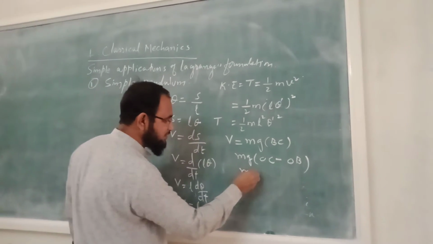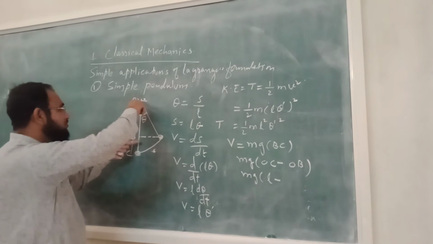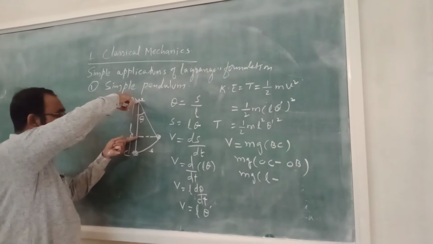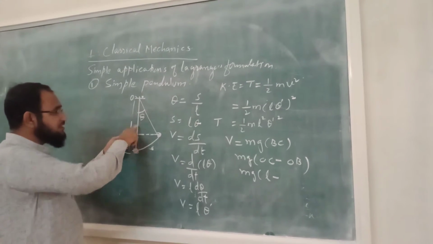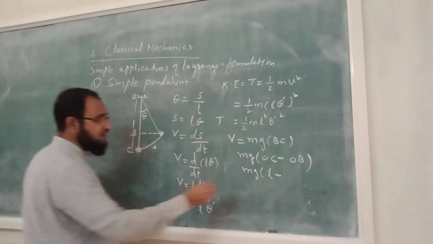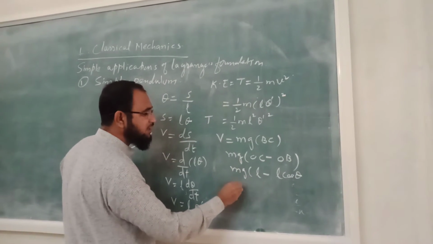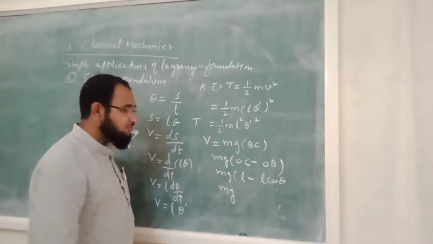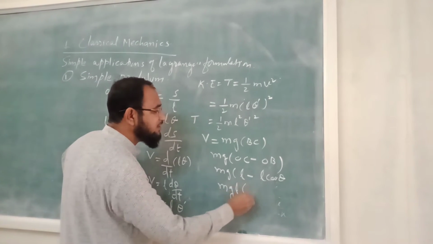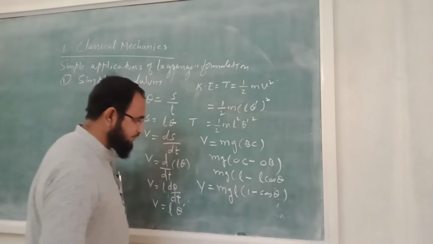So mg into L minus OB. OB is this distance, and if this angle is theta and this length is L, then it is L cos of theta. I will take L common and it becomes mgL into 1 minus cos of theta. This is the value of V.